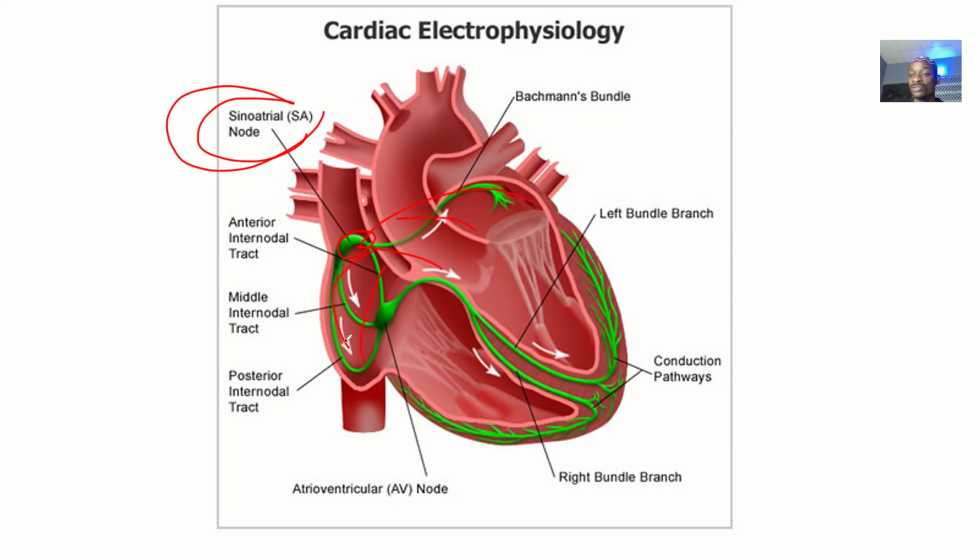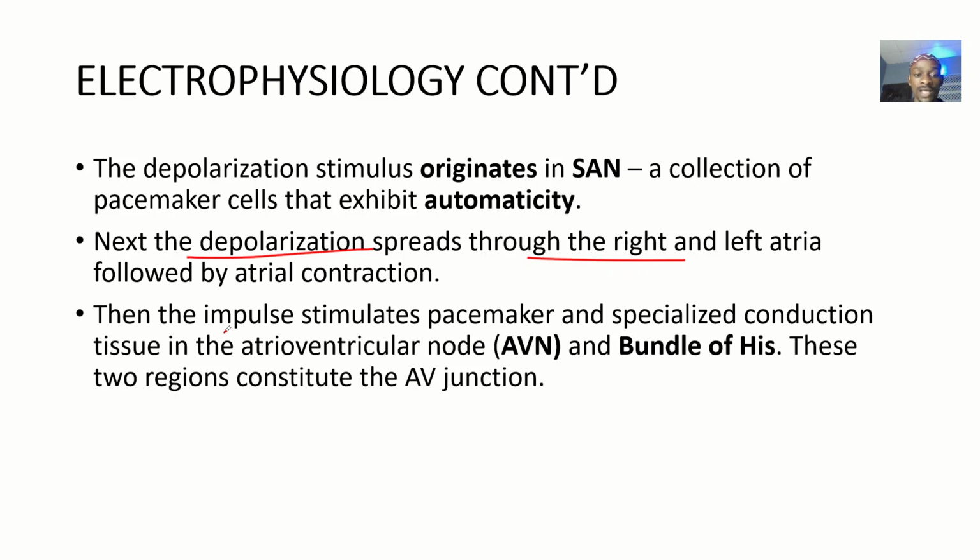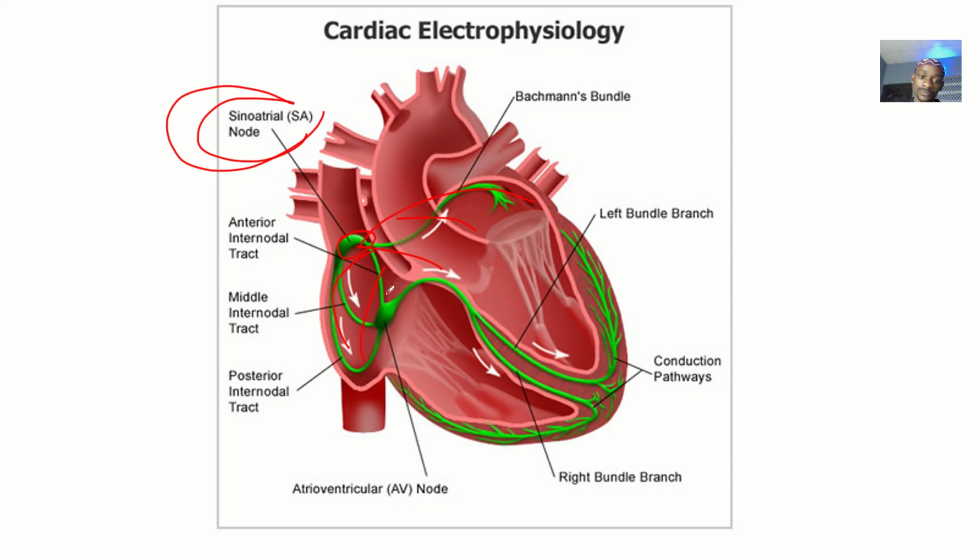Then the impulse stimulates pacemaker and specialized conduction tissue in the atrioventricular node and the bundle of His, and these two regions constitute what? The atrioventricular junction. So from the sinoatrial node, it will spread and stimulate the atrioventricular node and the bundle of His.